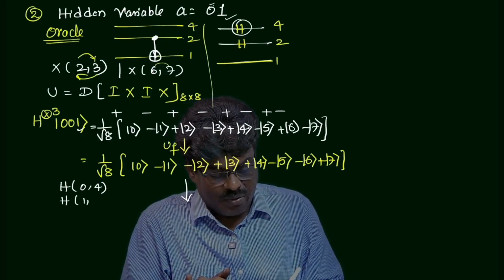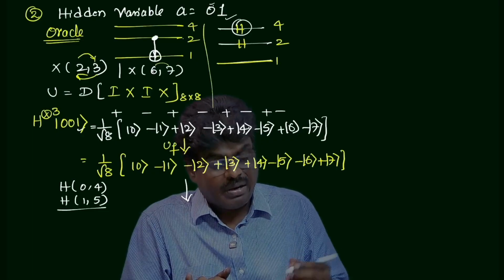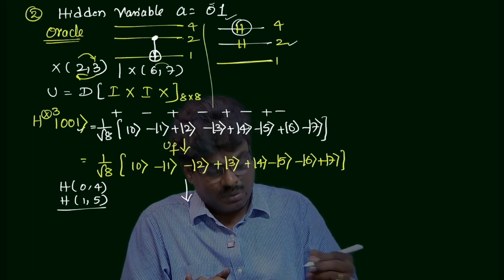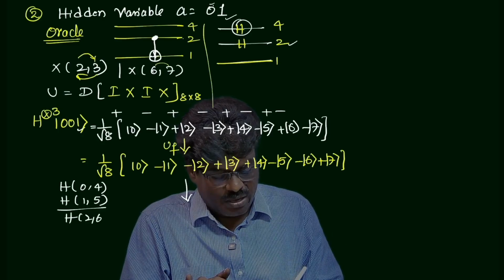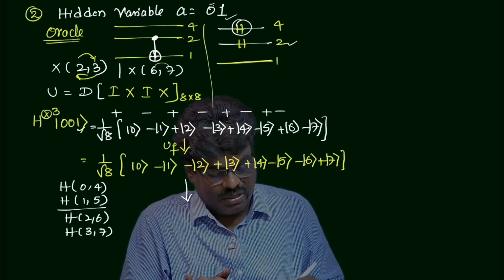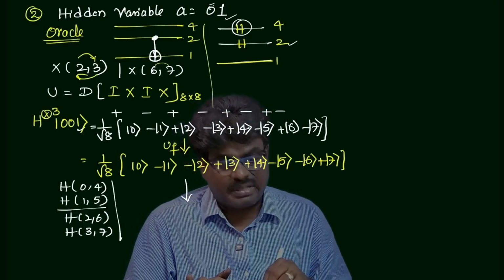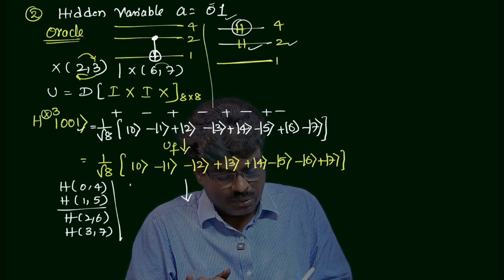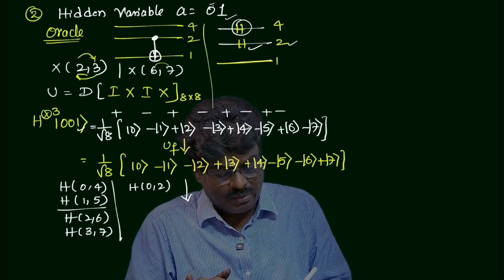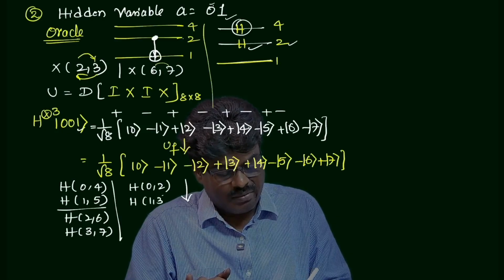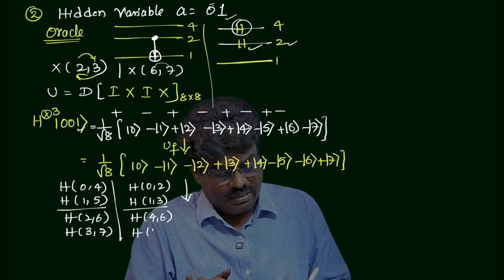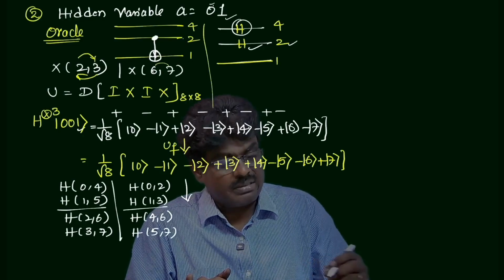You have to add 1, that is 1 comma 5, and again you have 2, that's why I added 2 comma 6, and again add 2, 3 comma 7. This is the first Hadamard operation, and the next one is on 2, that's why h on 0 comma 2. You have to add 1, 1 comma 3, next add 4, 4 comma 6, and 5 comma 7.